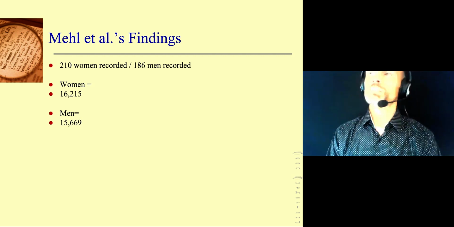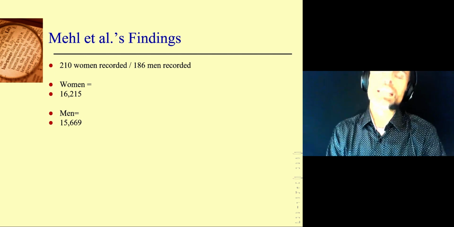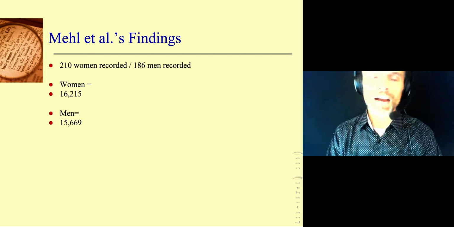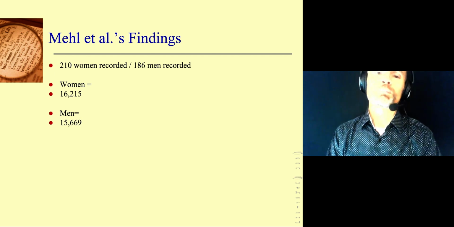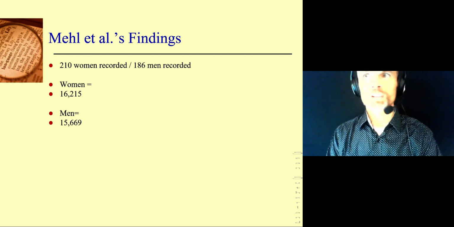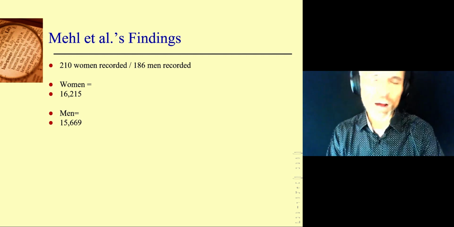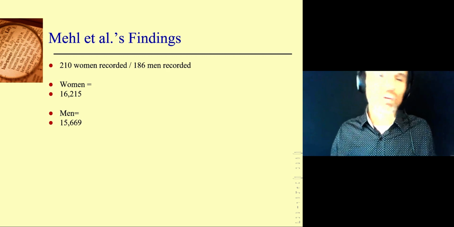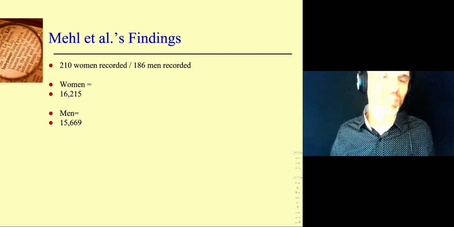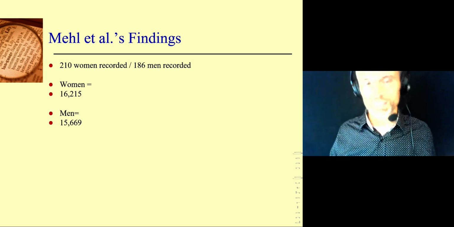The differences between speakers were so great that it was not found to be statistically significant, meaning that if they recorded a different 186 men and a different 210 women, they would not be willing to predict that the women would speak more in that study. It would probably be different, or they'd be roughly the same, or the numbers would again be so small as to not be different, right? As to not be a great difference.